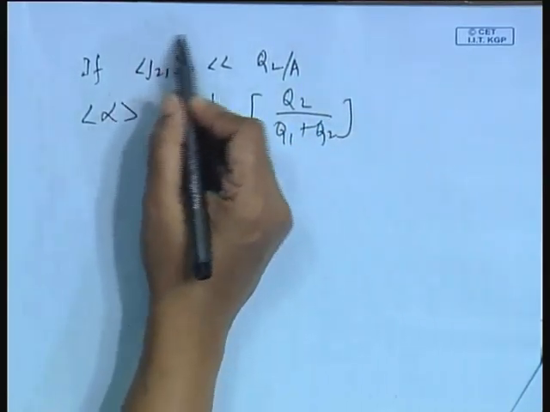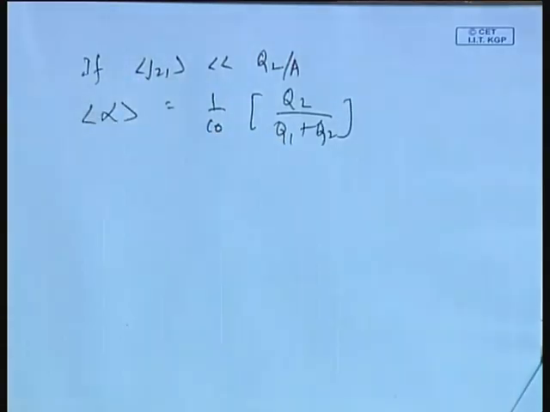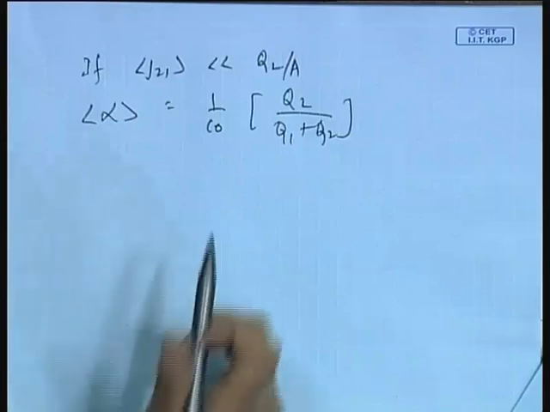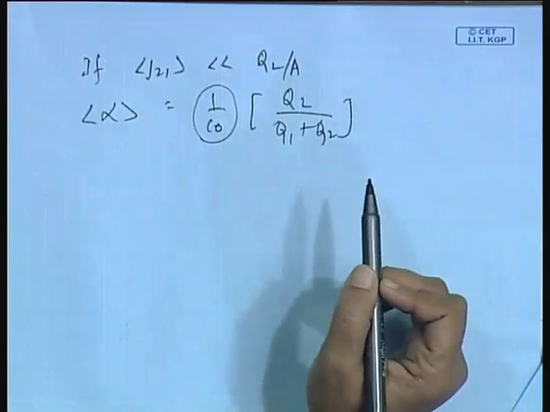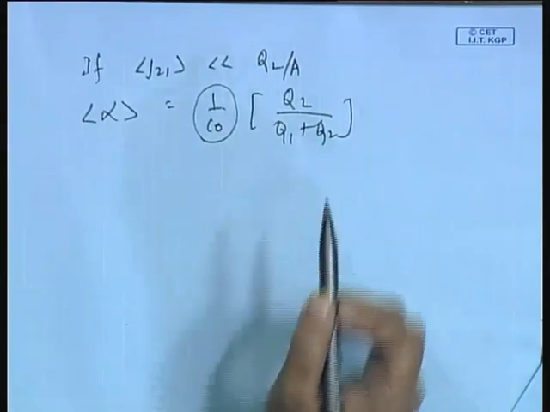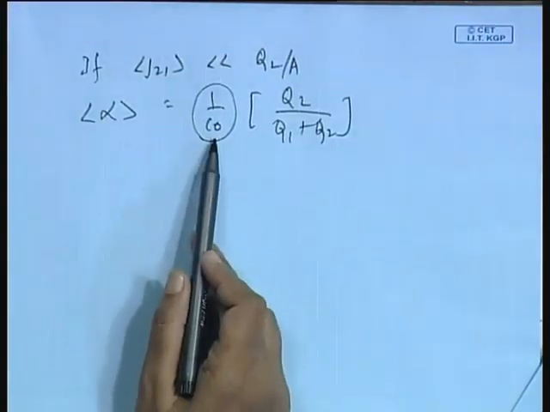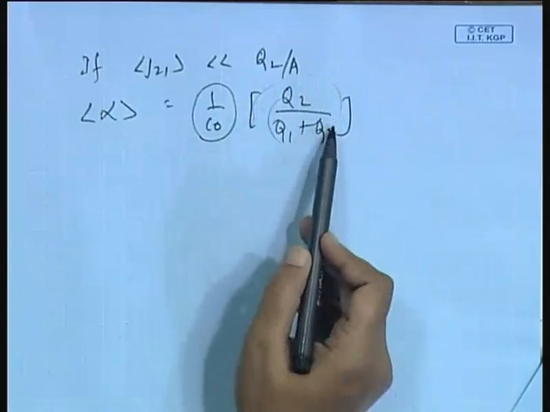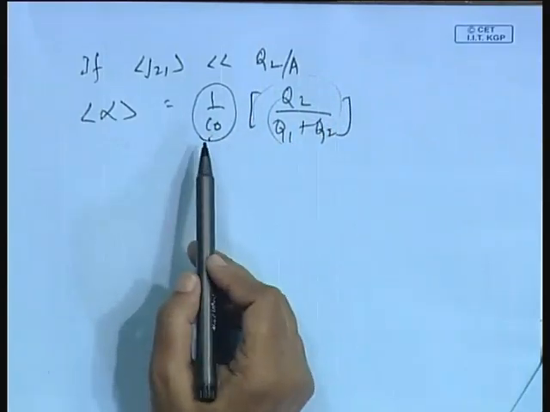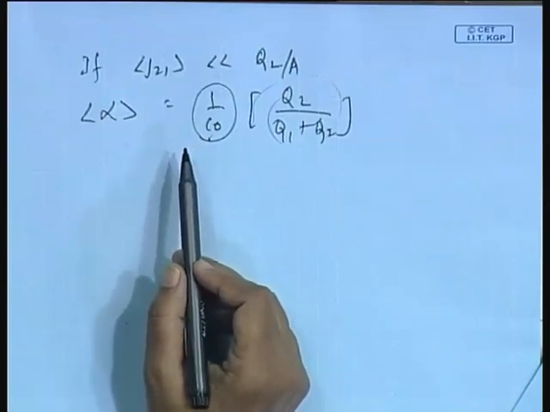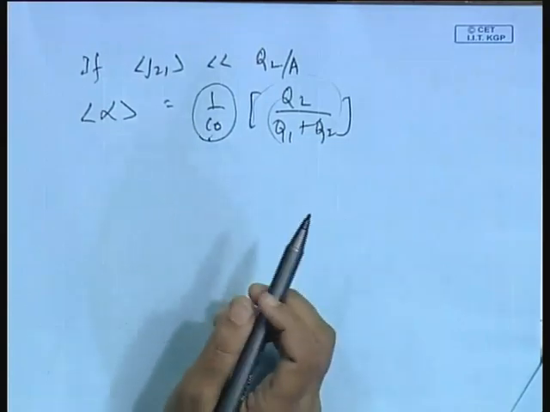In other words, if the drift velocity or drift flux is very small, that means the two phases are moving at almost equal velocity. Under that circumstance, we just need a distribution parameter in order to account for the non-uniform velocity and voidage profiles. Therefore, simply the homogeneous value has to be modified by the term 1 by C0 in order to account for the non-uniform velocity and the voidage profiles, and accordingly this particular correction is found out.